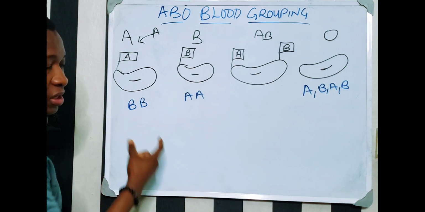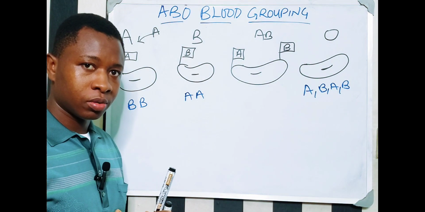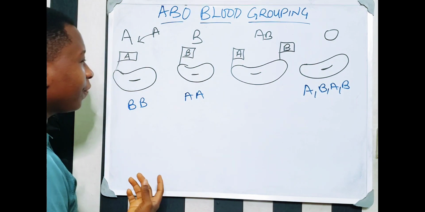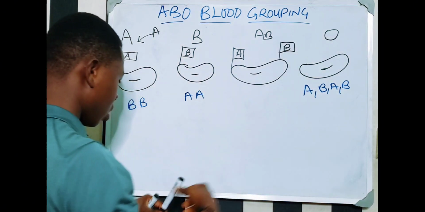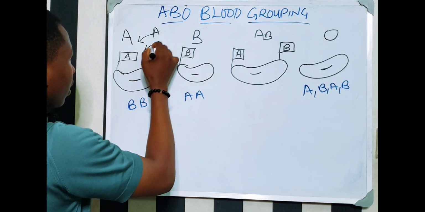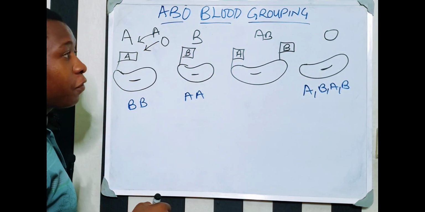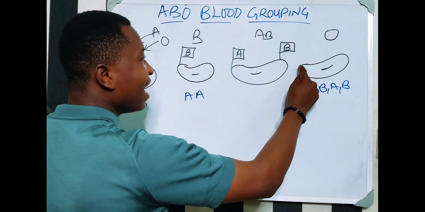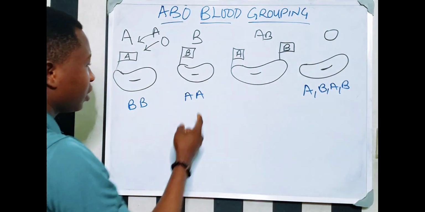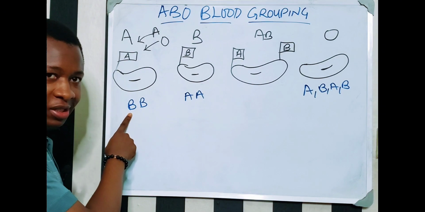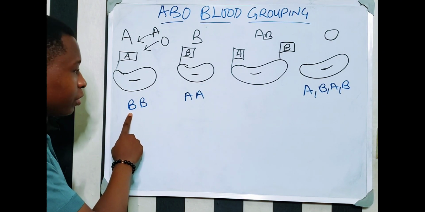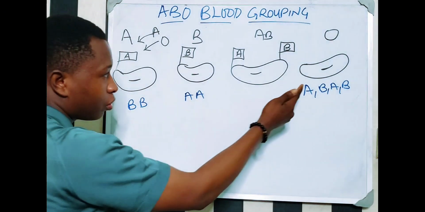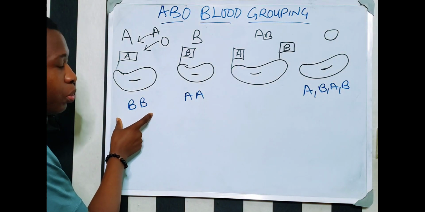It has the same antigens, so there will be no reaction. It can also receive from blood group O, and I will tell you why. It can receive from blood group O because blood group O does not have any antigen on the surface of the red blood cell to react with the B antibody. So there will be no reaction if blood group O donates to blood group A.